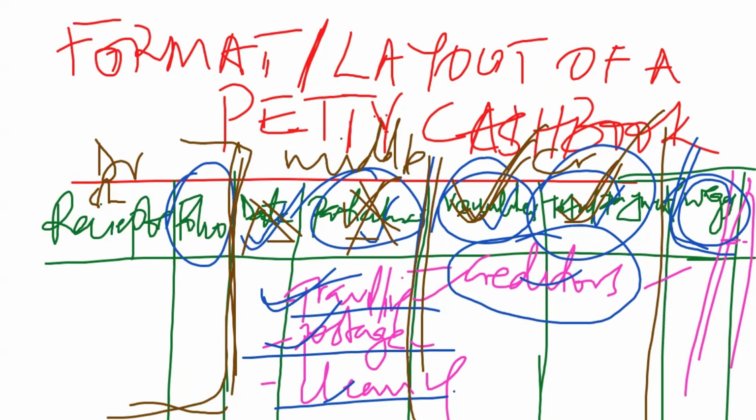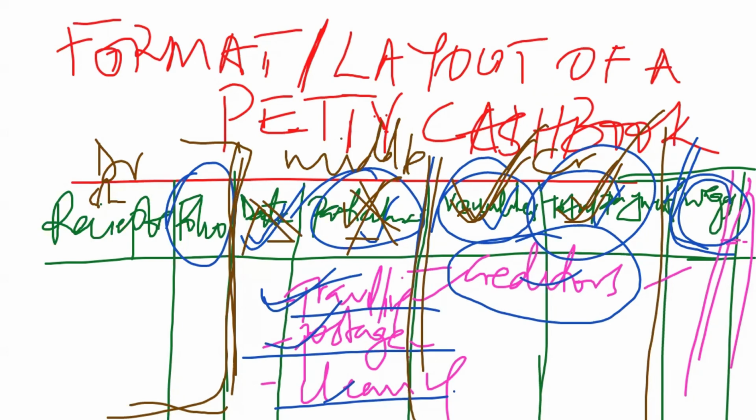So when you are recording on the debit side, you will use the same particulars and dates column. And when you are recording on the credit side, you will also use the same particulars and date columns. And that's the interesting fact about the petty cash book.